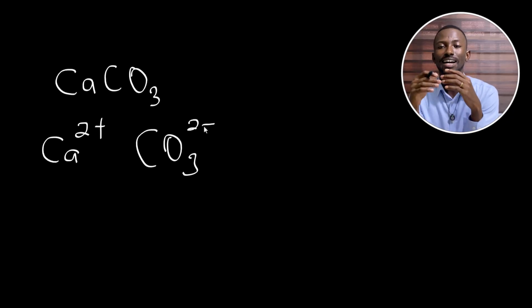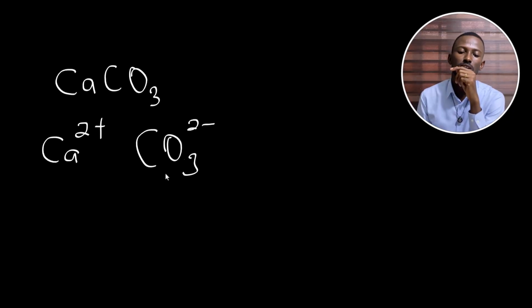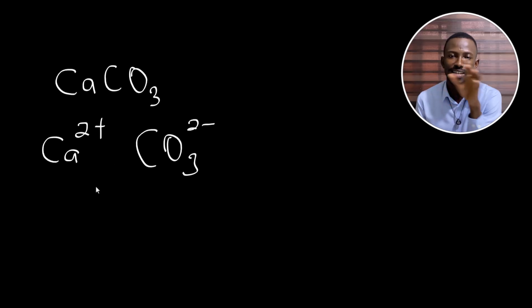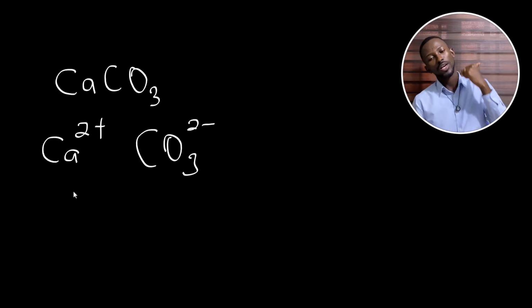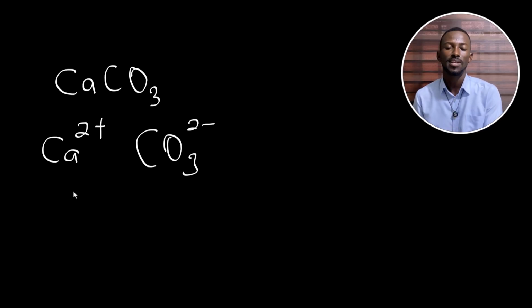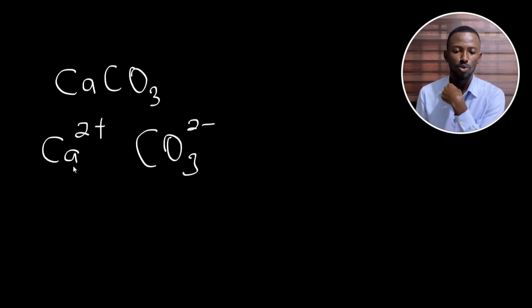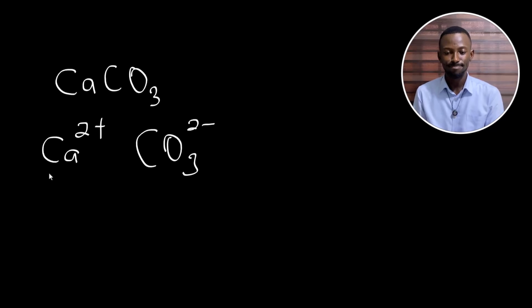If you don't understand how we got Ca2 plus, I've already recorded a lesson on the formation of cations, so you can watch that lesson and familiarize yourself with that concept. Hopefully, it should be easy for you to handle. So CaCO3 is formed from the calcium ion and this carbonate ion.